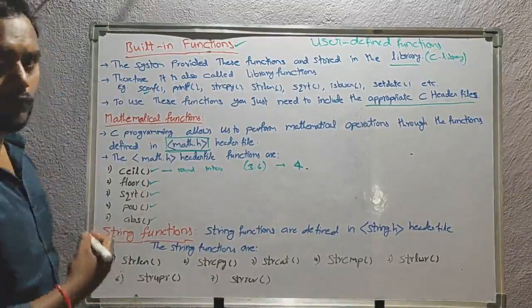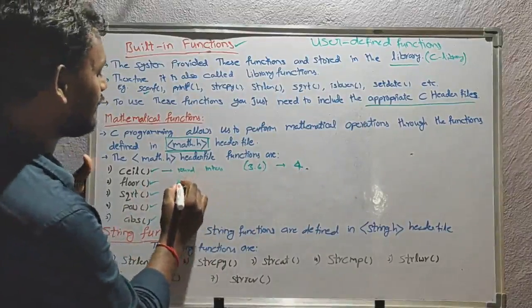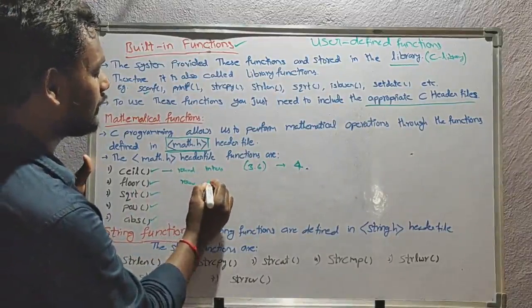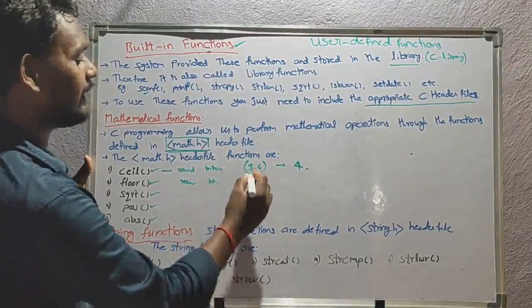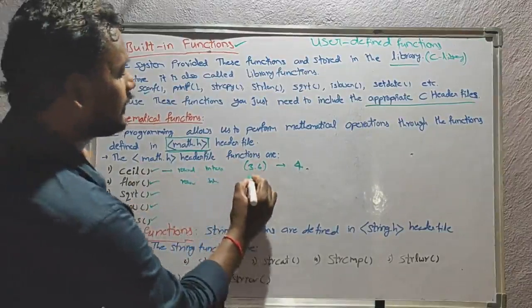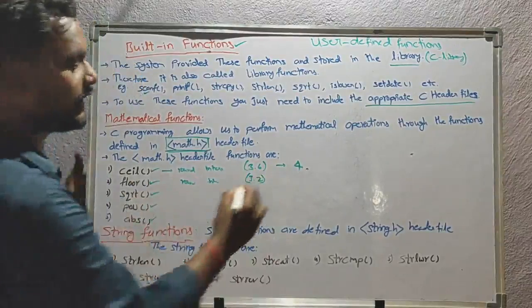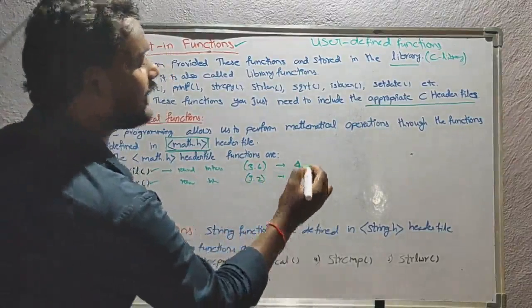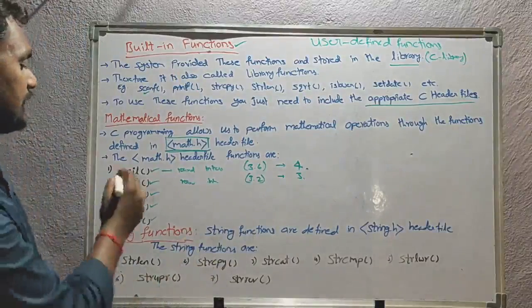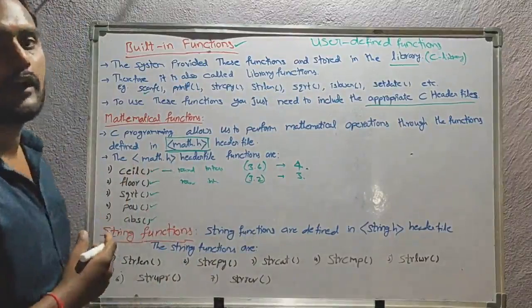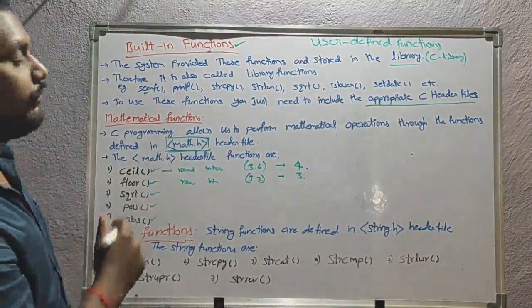Then the floor function also gives an integer value, but if we give 3.2 as the value, it gives 3 as the integer value. That is the floor value, meaning the lower value is given as a round figure.